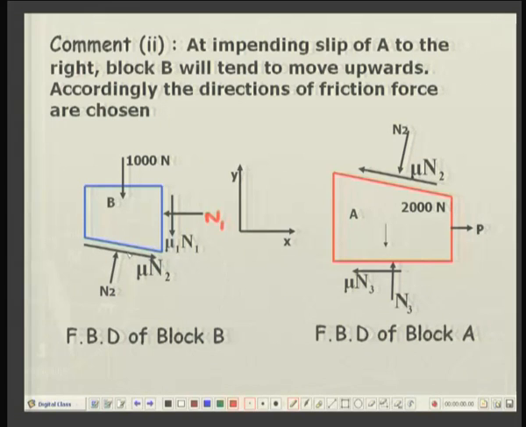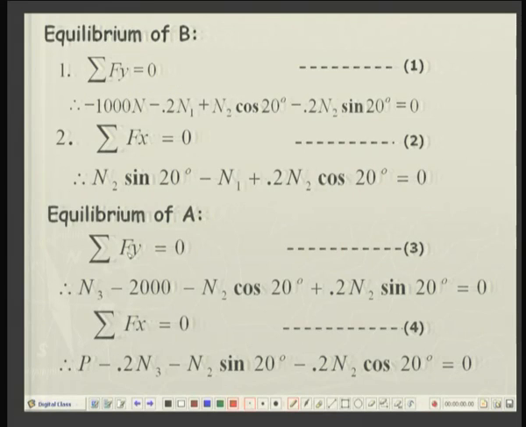So, if you look here, you will have minus 1000 newtons, minus 0.2 times N1, plus N2 cosine 20 degrees, minus 0.2 N2 sine 20 degrees is equal to 0.